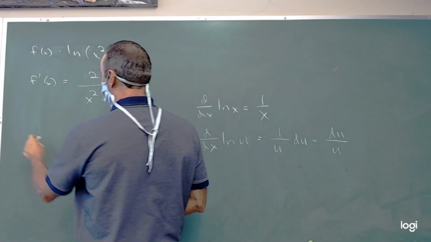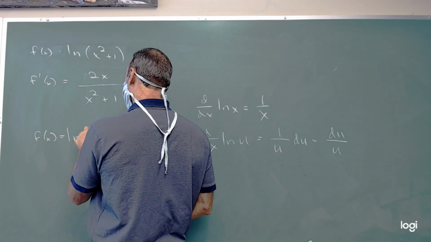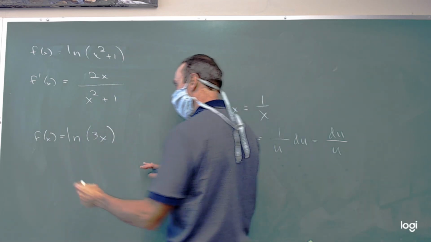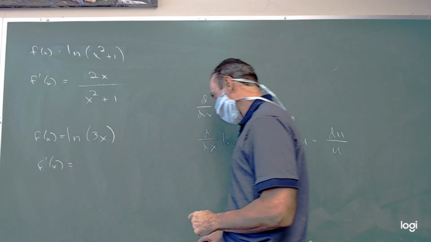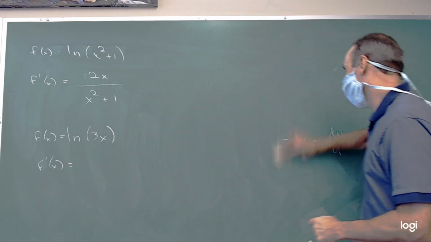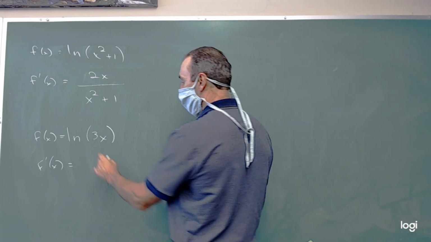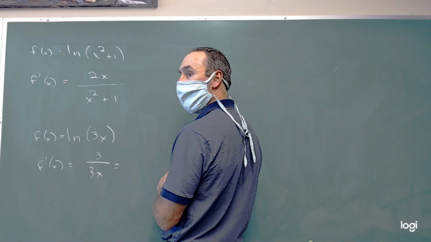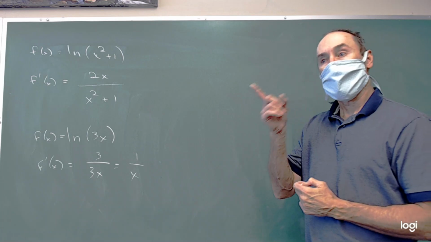How about, here's one that we'll get a chance to use, maybe review our property of logarithms. First, we'll just do it straight up. So the derivative of natural log of 3x is going to be what? 3 over 3x, which is just 1 over x, right? Well, think about it for a minute.